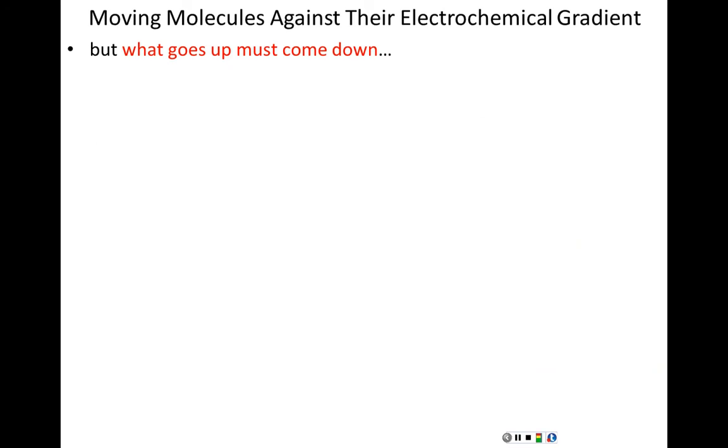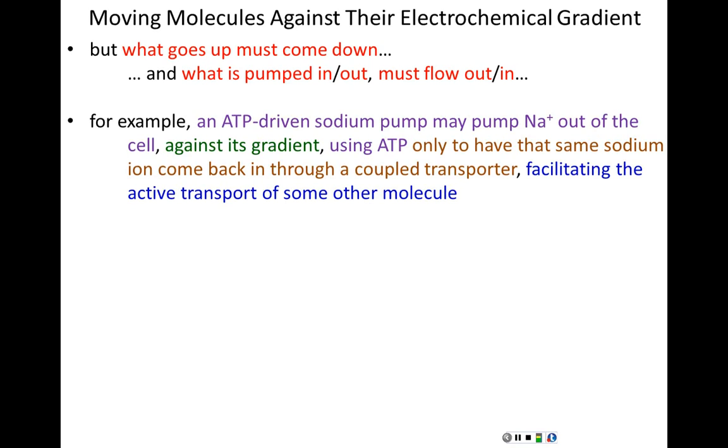But I don't care what you're pumping, just like the clowns, if it goes up, it's got to come down. If you've pumped something into the cell, sooner or later it's going to flow out. And if you've pumped something out of the cell, sooner or later it's going to flow in. You've pumped things against their concentration gradients, and their concentration gradients insist that they flow from high to low.